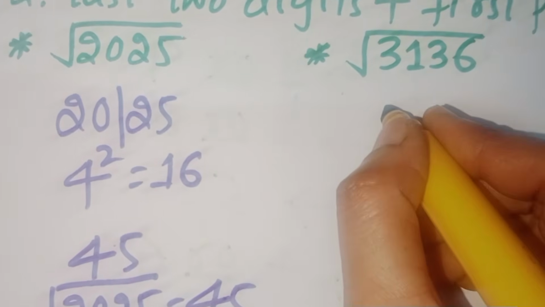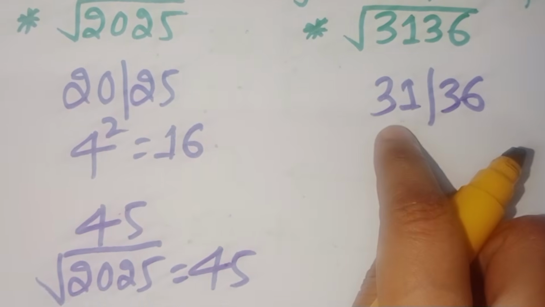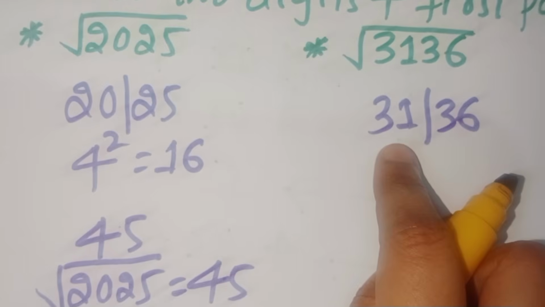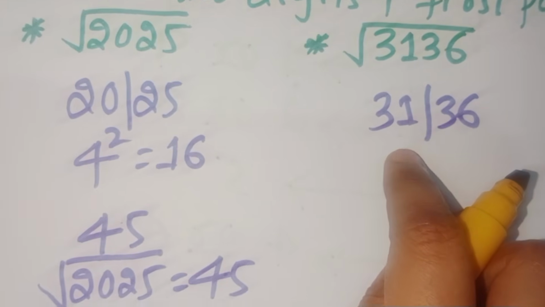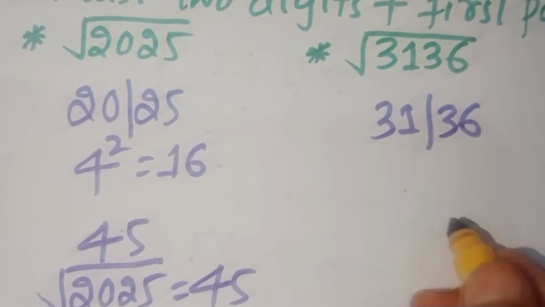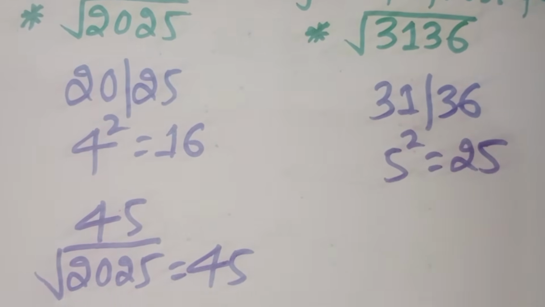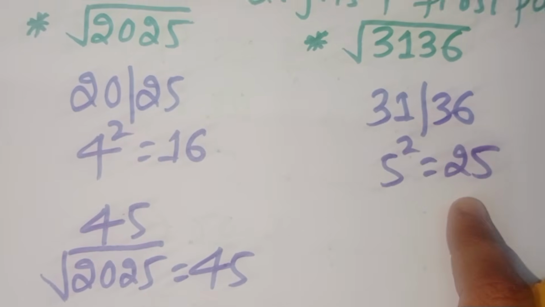Example, square root of 3136. Split the number: 31, 36. Look at the first part 31. The largest perfect square less than 31 is 5 square, that is 25. So the answer starts with 5.